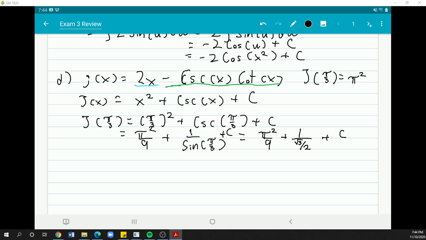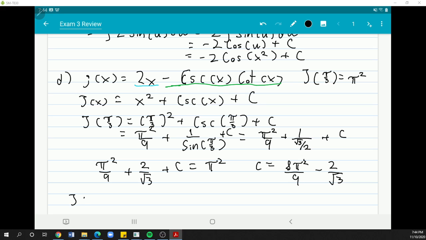So I get pi squared over 9 plus, taking a reciprocal, 2 over root 3 plus c is equal to pi squared, or c is equal to, subtracting the pi squared over 9, I get 8 pi squared over 9 minus 2 over root 3.